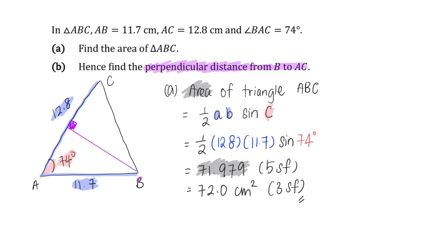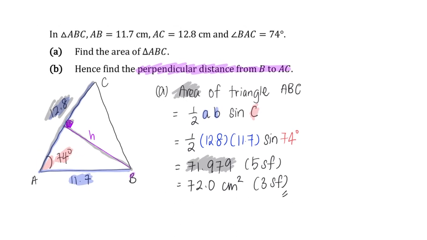Then, if I have the base and the height, I could actually tap on another formula for area of a triangle, half times base times height, right? So I'm going to let this be h. This is something that later on I will take note of.